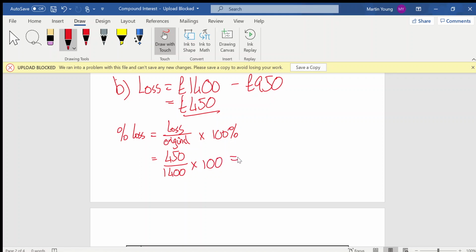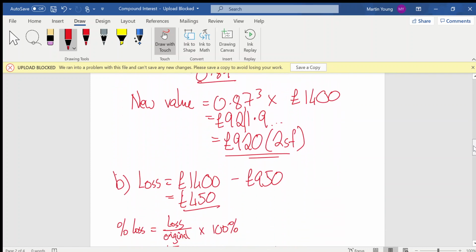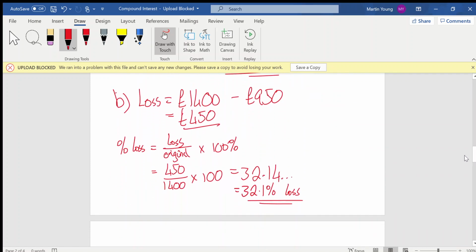So calculate out 4,500 over 14,000, times it by 100, and I'm getting 32.14... and I'm just going to round that to one decimal place, 32.1% loss. Let's go back, double check that didn't ask to round. I don't think it did. Yep. So that's our percentage, and just round it to something that's reasonable. Okay, and that was to one decimal place that I rounded that to.